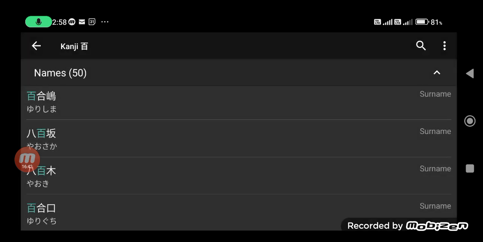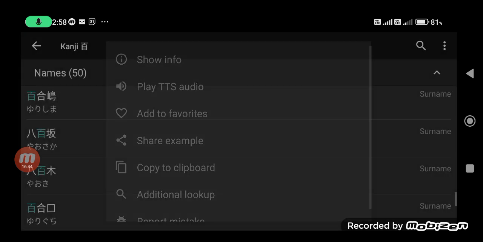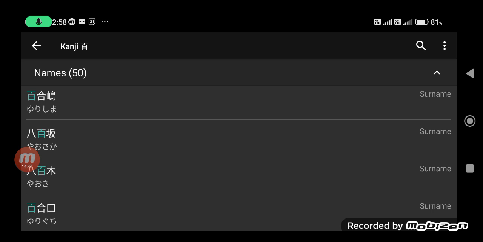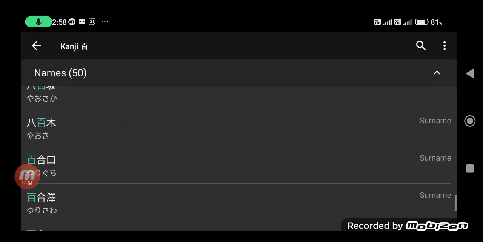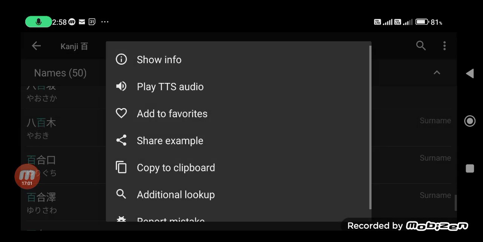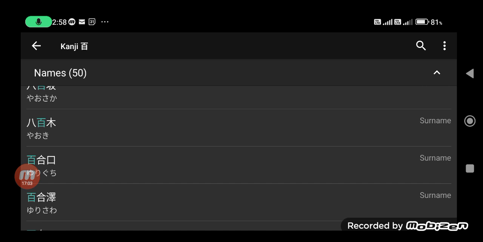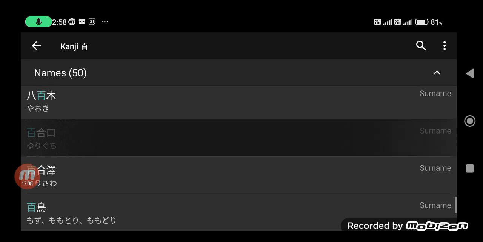ユリシマ, Yurishima. And for others, just please screenshot those. And this, Yaosaka. ヤオサカ、ヤオキ. For the names, the furigana is not located on the top but on the bottom.